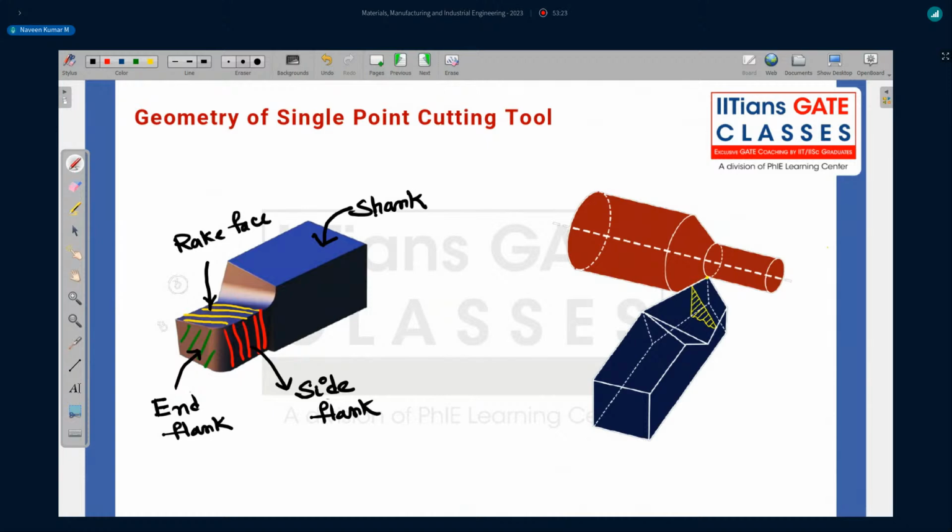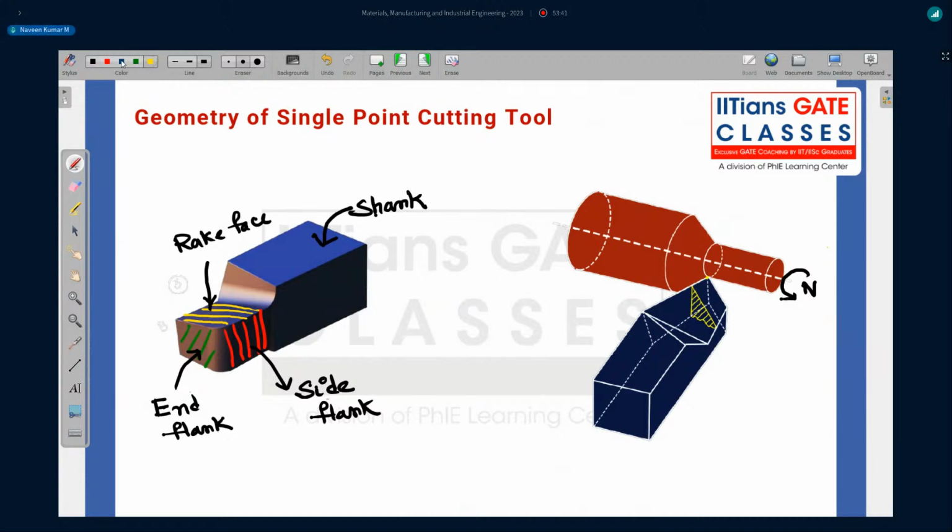If I look at the same thing here, this is the rotation RPM of the workpiece. Unmachined and machined surfaces are there, clearly you can see that. I will make some notations here to make you understand what is what.